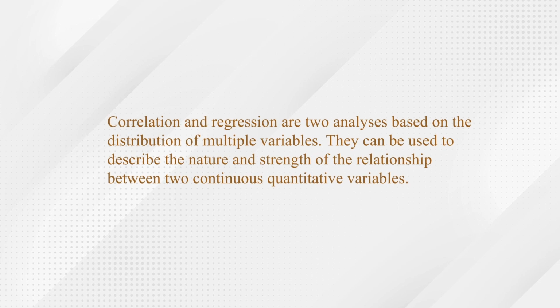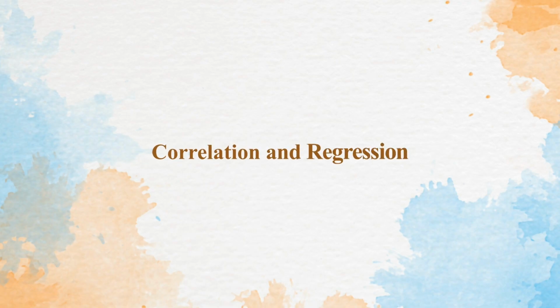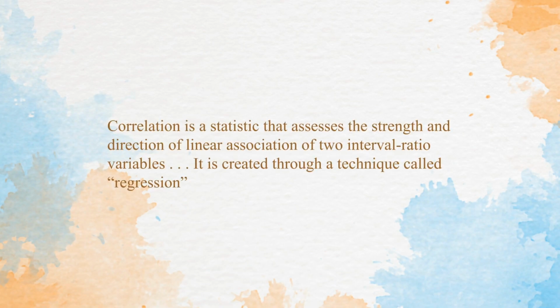So correlation and regression are two analyses based on the distribution of multiple variables. They can be used to describe the nature and strength of the relationship between two continuous quantitative variables. So this is the beauty of correlation and regression. If you go more into the depth, correlation is a statistic that assesses the strength and direction of linear association of two interval ratio variables.